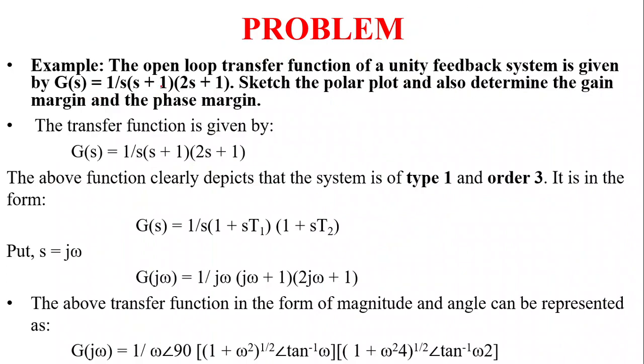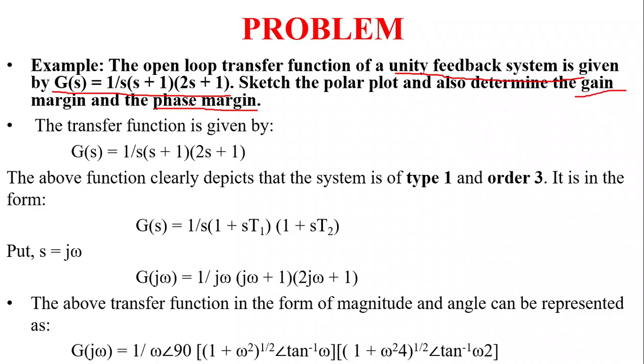The given problem is: the open loop transfer function for the unity feedback system is given by G(s) = 1/(s(s+1)(2s+1)). Sketch the polar plot and also determine the gain margin as well as the phase margin.